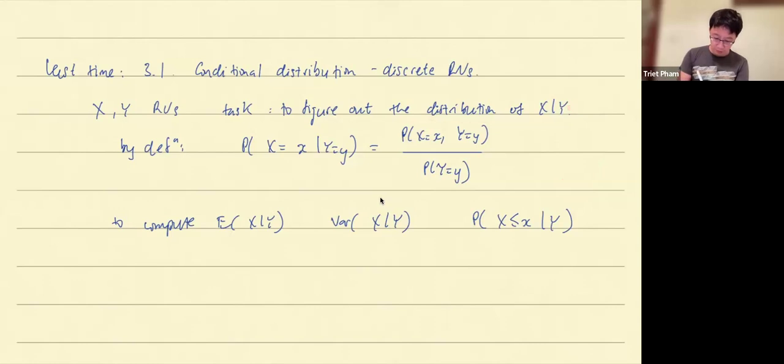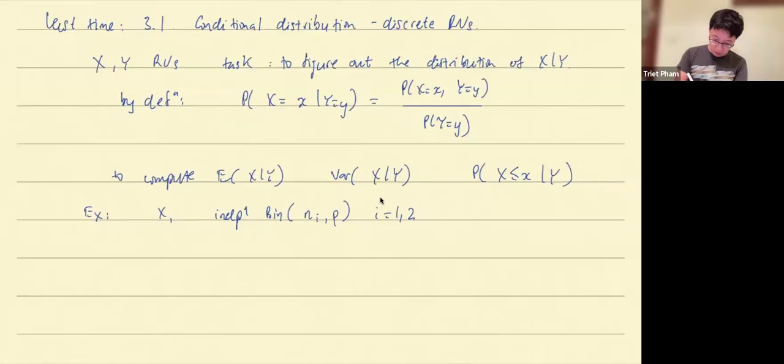For example, we got the result that if you have independent binomials, let's call them X1, X2, with parameters n_i and p, i equals 1 and 2, then the conditional distribution of X1 given X1 plus X2 will be what?